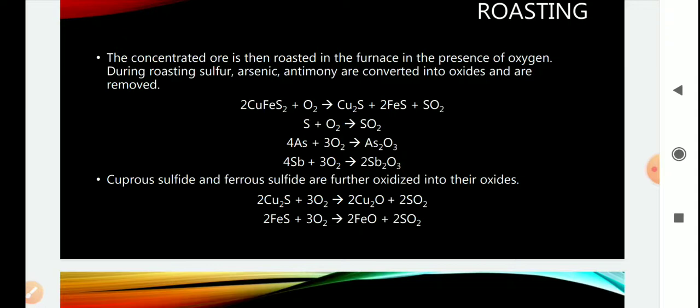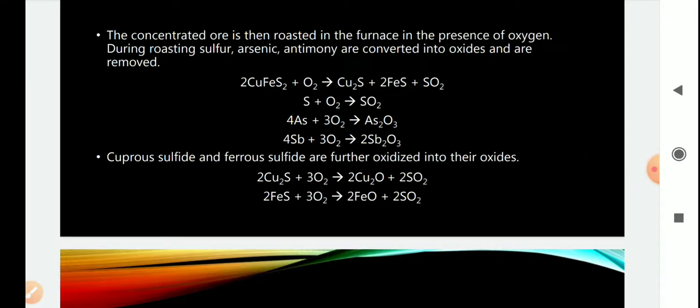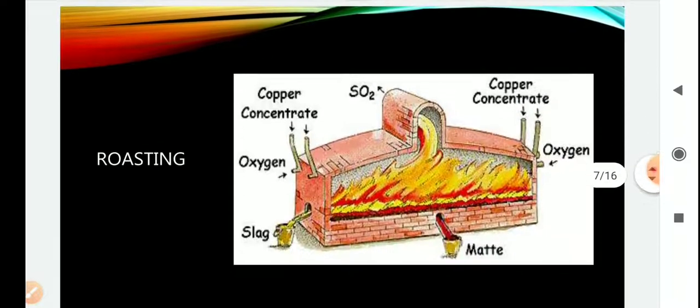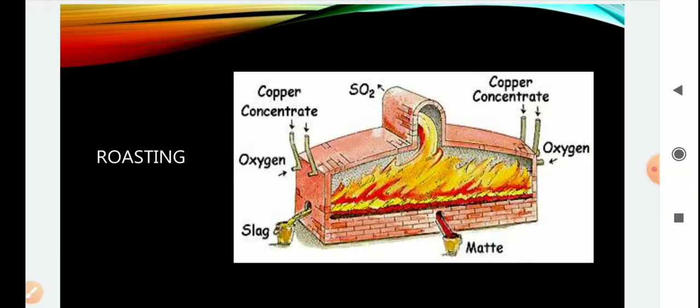Now, as oxygen is present, cuprous sulfide and ferrous sulfide are further oxidized into their oxides. So here the cuprous sulfide is converted to cuprous oxide, and iron is converted to ferrous oxide. So ultimately they are converted to the corresponding oxides.